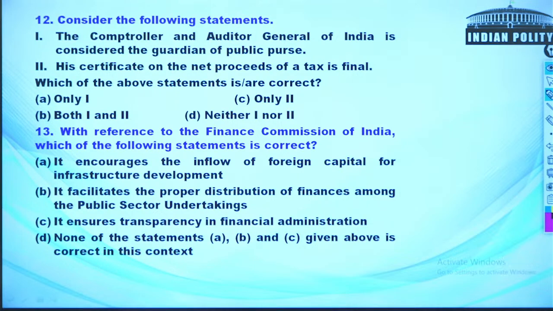Question number 12 and 13 are to be taken care of. 13 is a previous year question on UPSC. So first ensure a correct answer, then we will discuss.